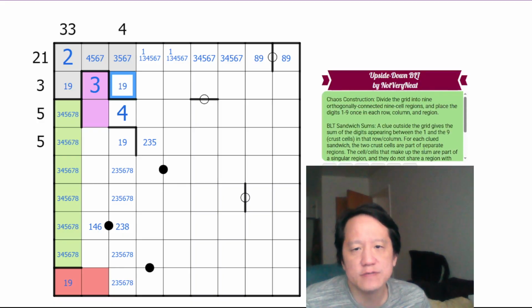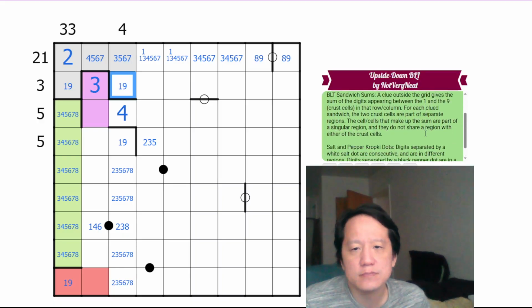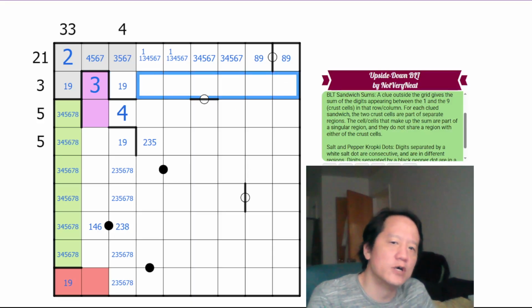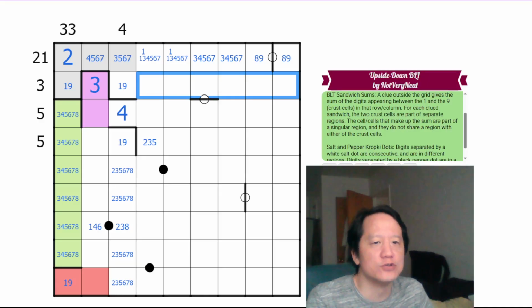That's a different region. Remaining digits of row 2 are 2, 4, 5, 6, 7, 8.